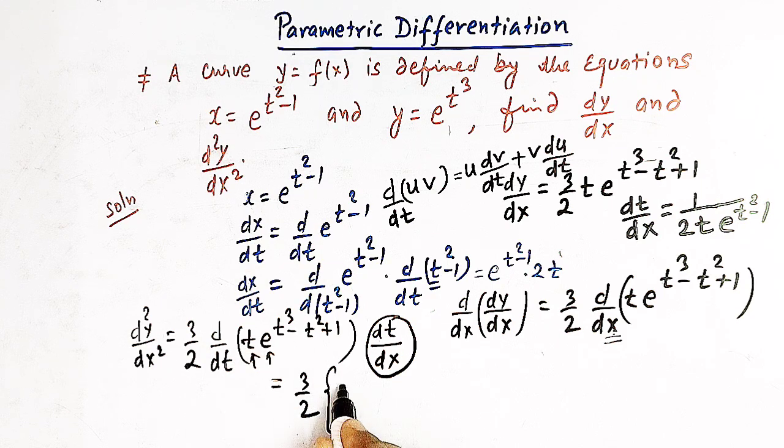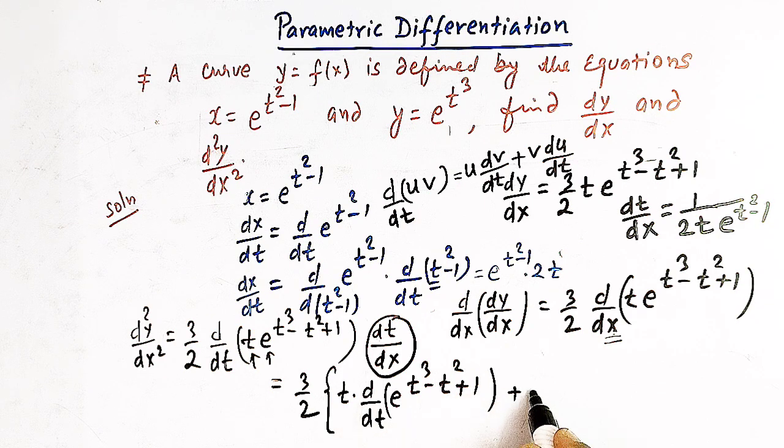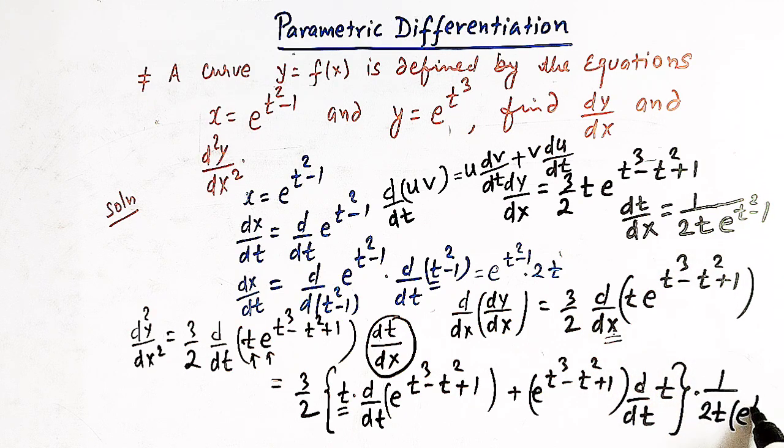So we have t, then the derivative of e raised to t cube minus t square plus 1, and then we have e raised to t cube minus t square plus 1, and the derivative of t with respect to t, and then dt over dx is 1 over 2t, and here we have e raised to t square minus 1.